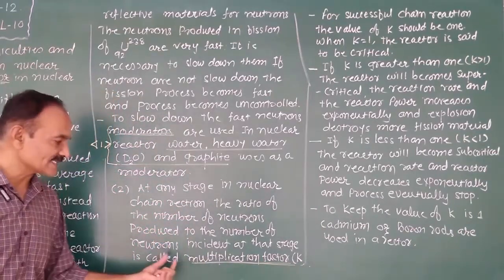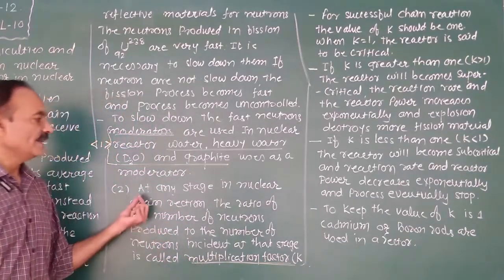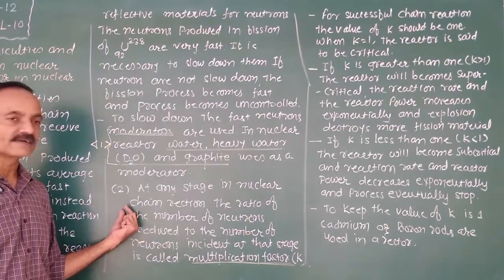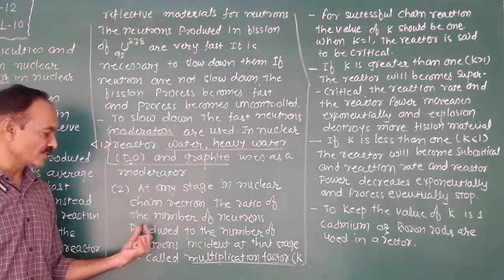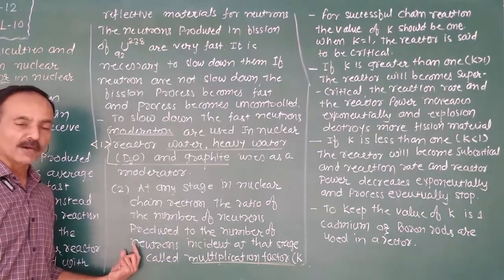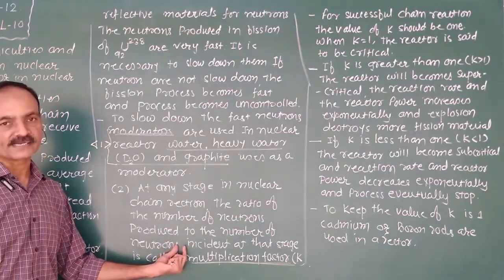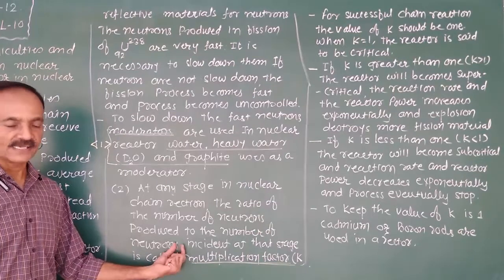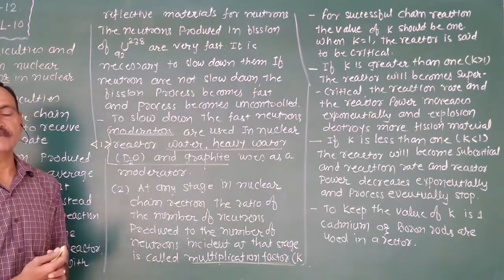First, what is the definition of the multiplication factor? At any stage in a nuclear chain reaction, the ratio of produced neutrons to the number of neutrons incident at that stage is known as the multiplication factor K.